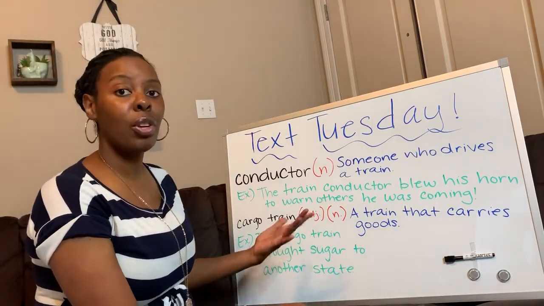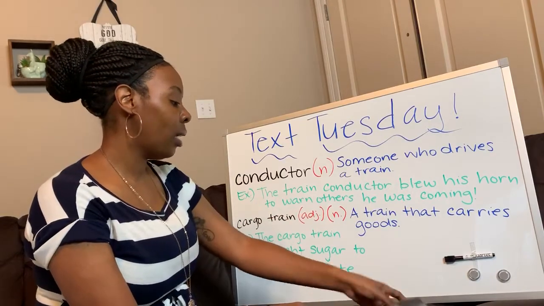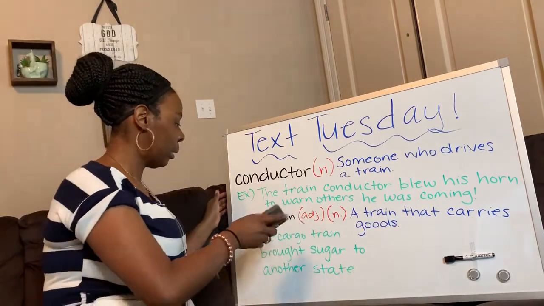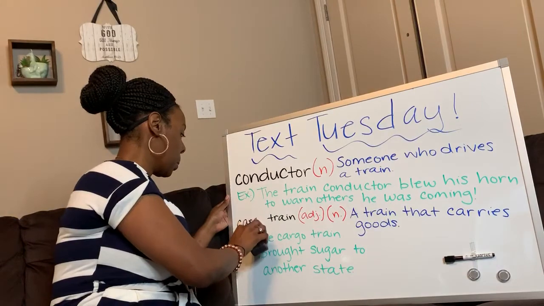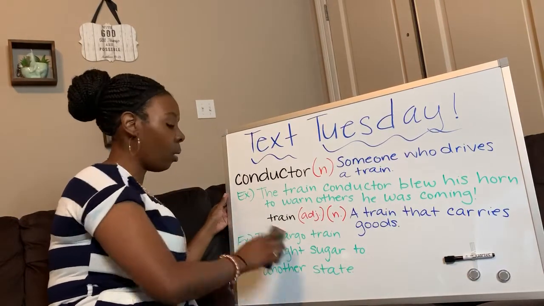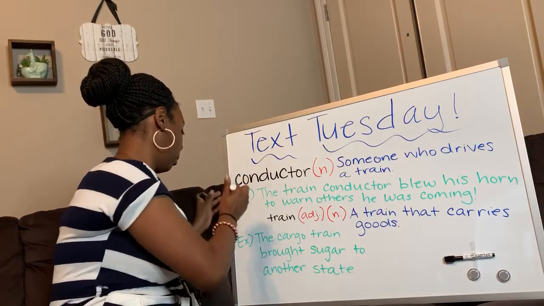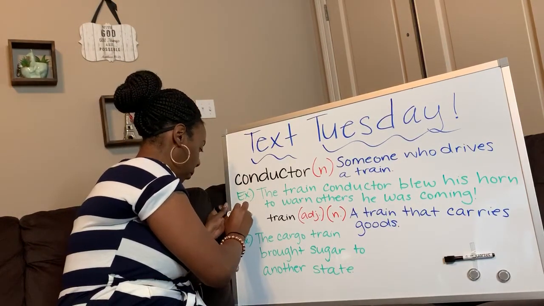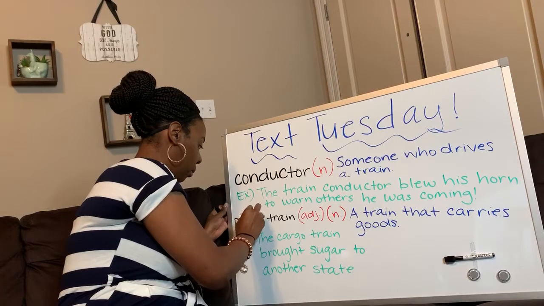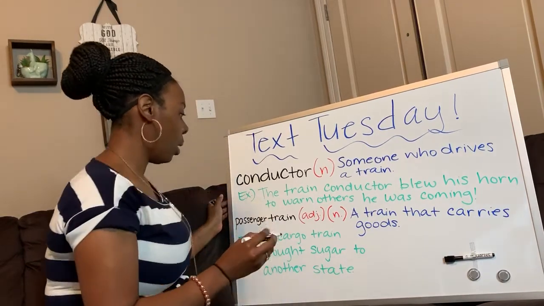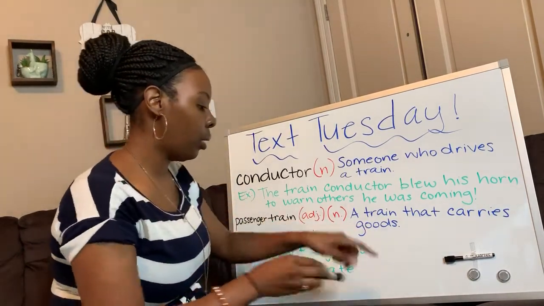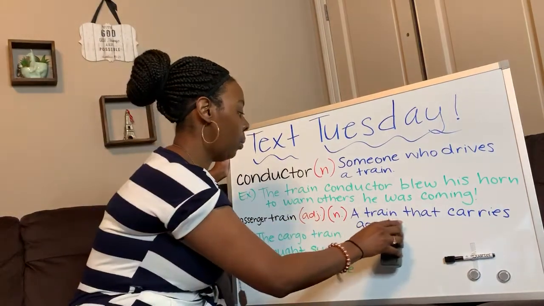So the other type of train is a passenger train. So let's change some things around. So let's take the word cargo off and let's put passenger. And let's change the word goods to people.